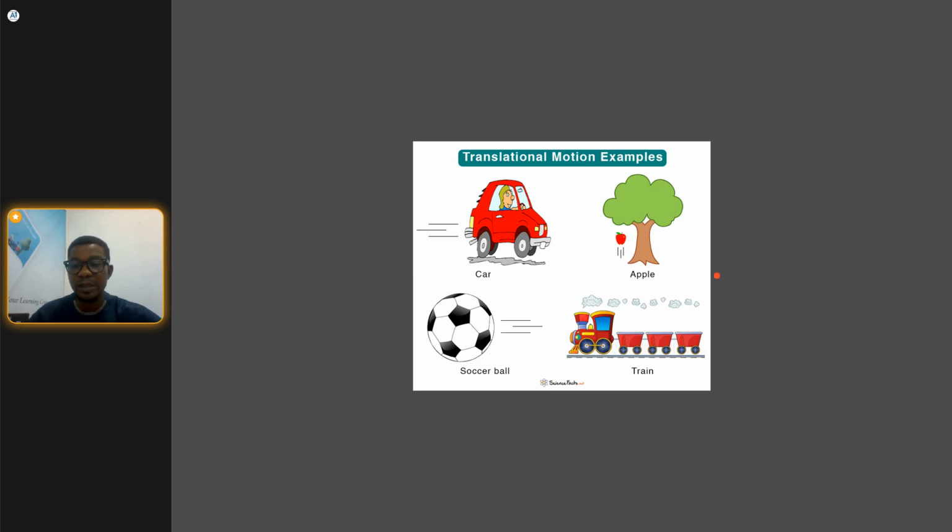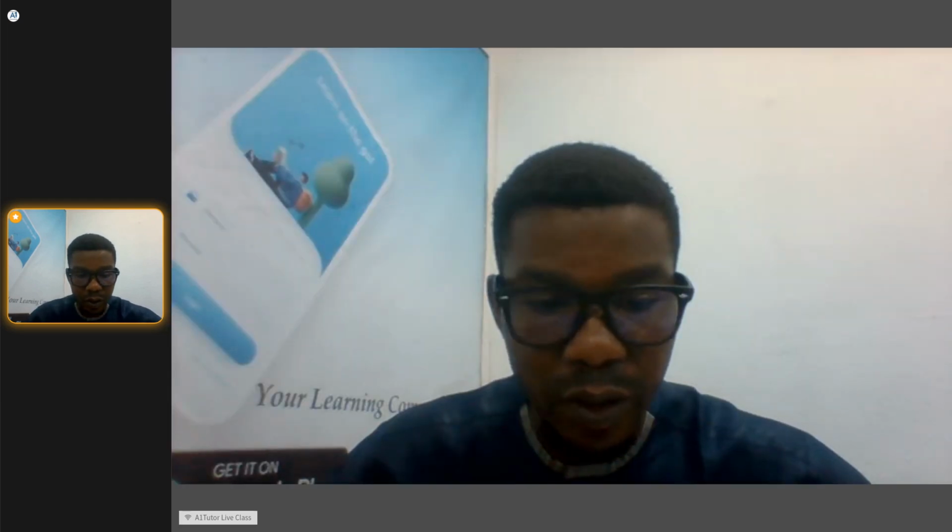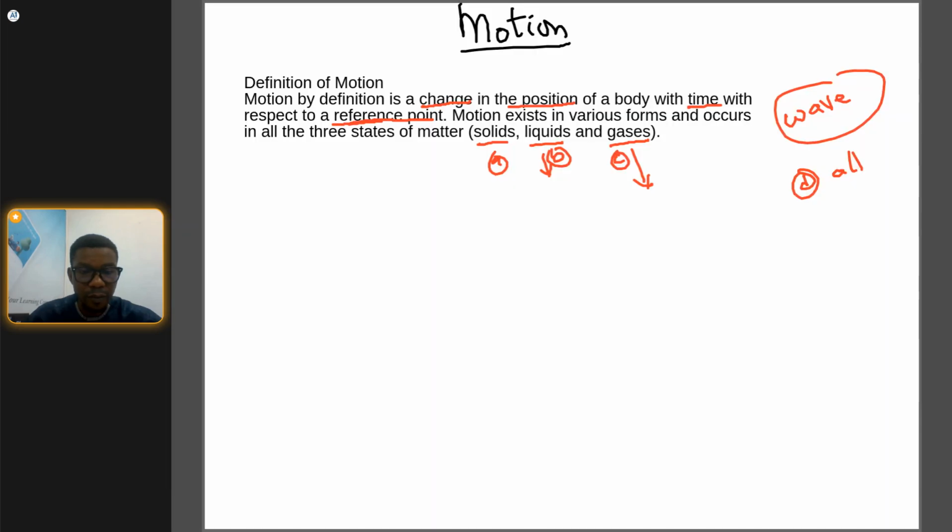So we are going to consider the types of motion that we have.